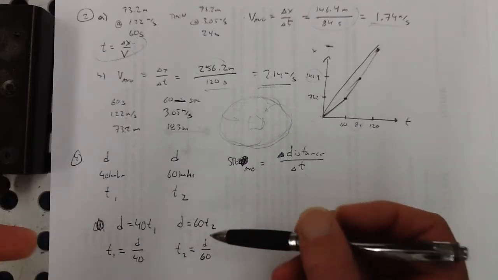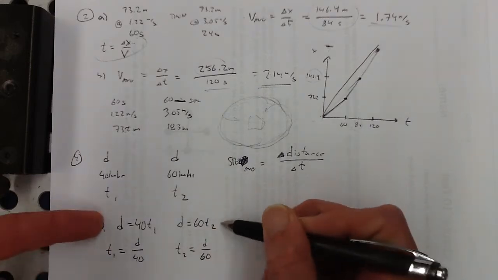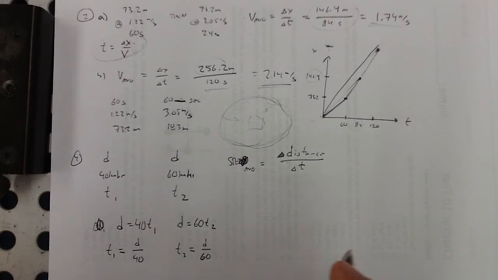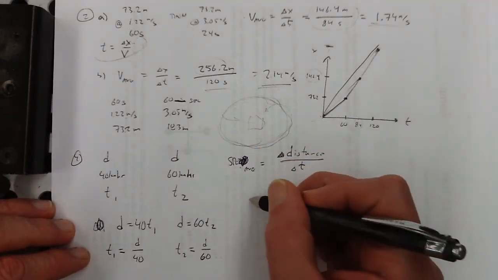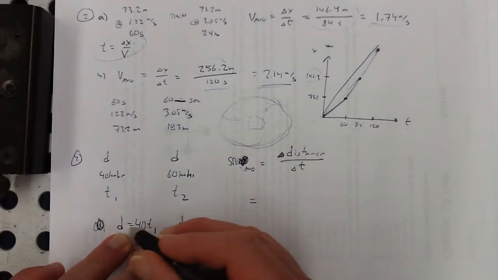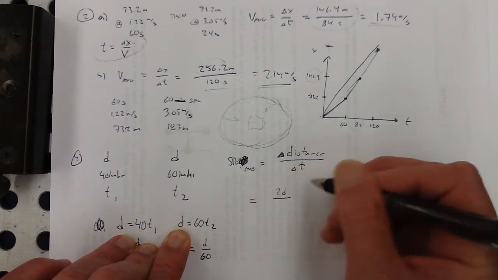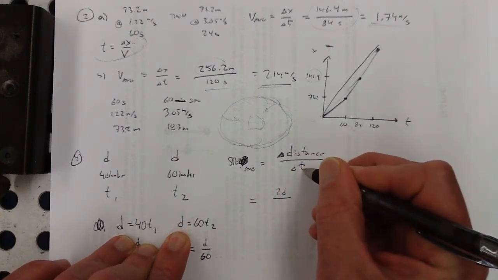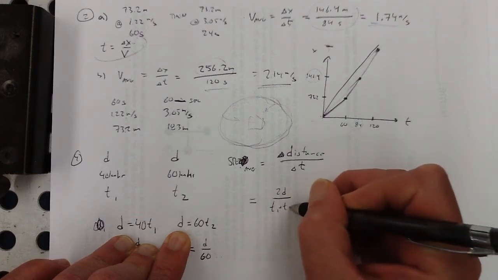So anyway, if you're wondering, how did I know? What was the McGrath thought process here as I went through these and I was like, oh, I don't like this. Well, this is what I was thinking about. When I set up this average speed, I'm going to set up this total distance, which is 2d, over total time, and then my time is t1 plus t2.